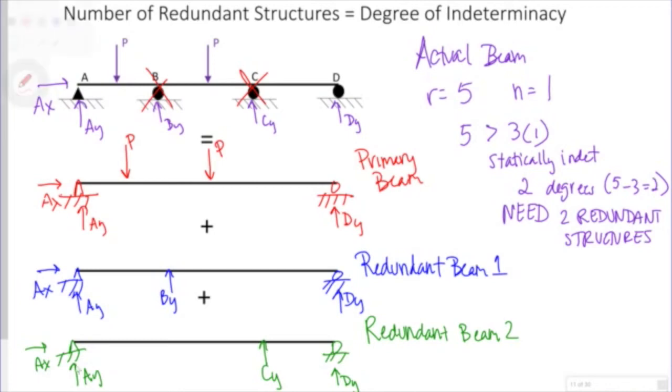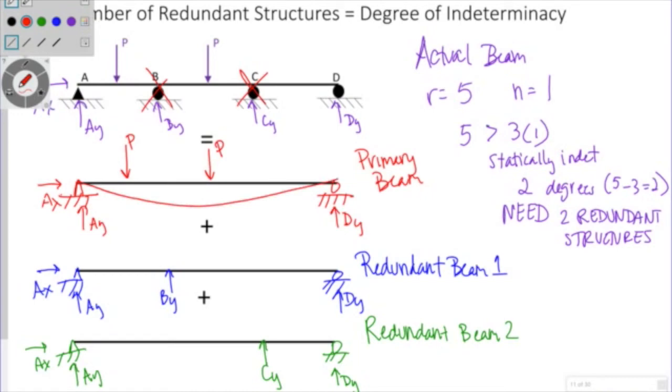And again, I'm going to look at my displaced shapes, right? My displaced shape for my primary beam, for my first redundant beam, and my displaced shape for my second redundant beam.